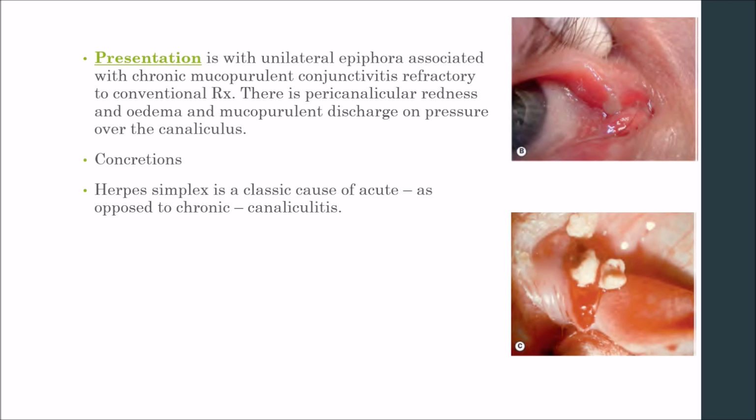There is a mucopurulent discharge here on the pressure over the upper canaliculus, and a pouting punctum may be a diagnostic tool in mild cases. In contrast to dacryocystitis, there is no lacrimal sac involvement.